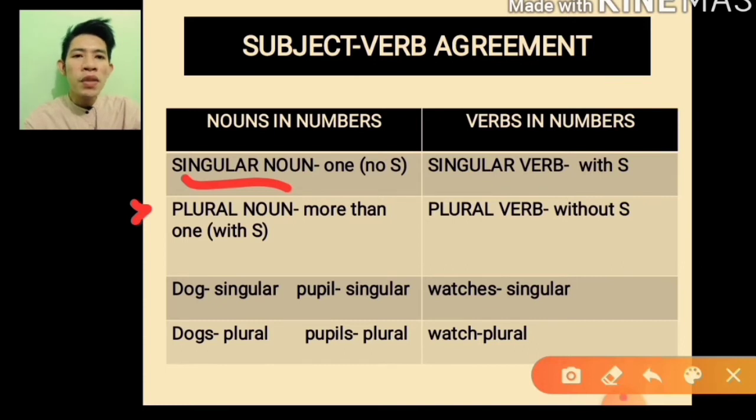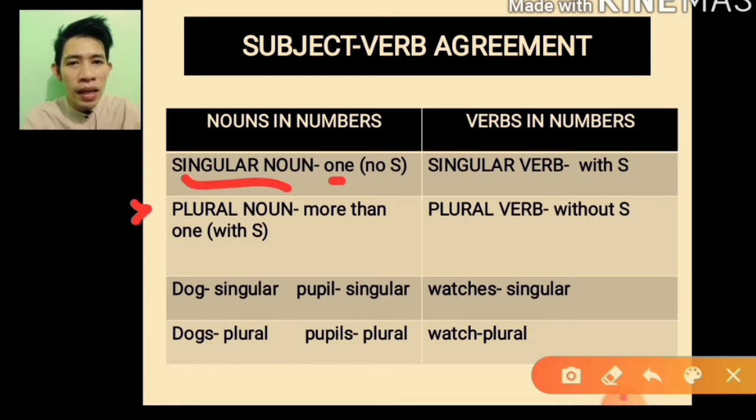When we talk about a singular noun, we are talking about only one person or only one thing. Automatically, that has no S. Again, kapag singular noun ang pinag-usapan, isa lang ang pinag-usapan natin, isang tao or isang bagay lang. So that means there is no S at the end of the word.